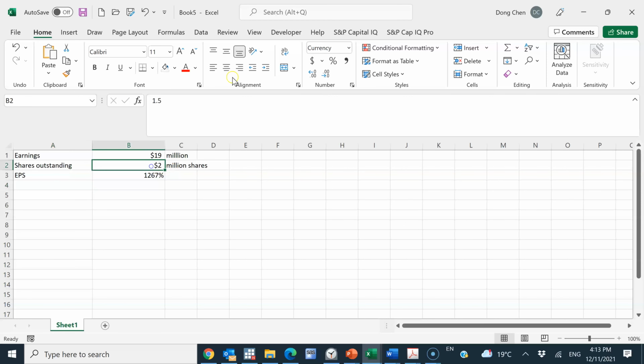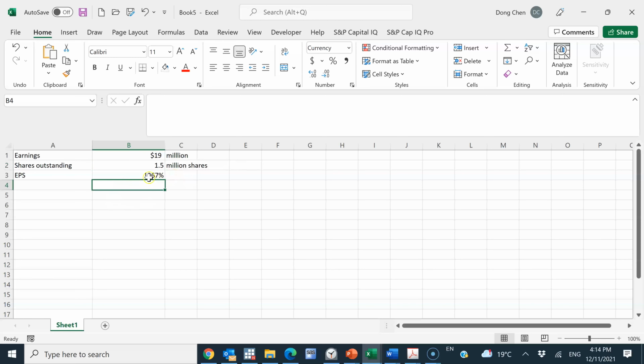Oh, this 1.5 here should not be in currency. It's just a number, right? It shows 2 because I kept 0 decimal places. But you can see once I change this to be general rather than currency, it goes back to the number which we just put, 1.5 million shares.